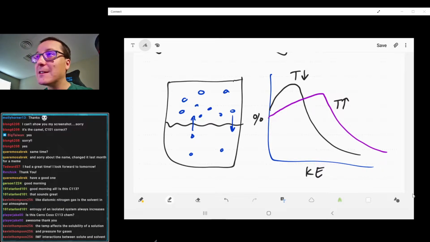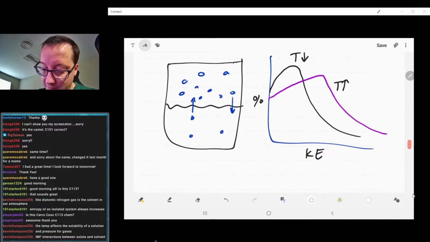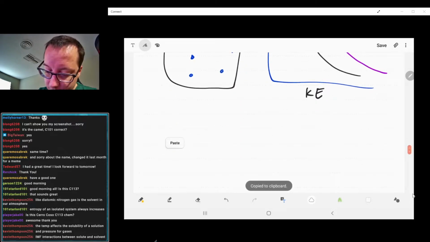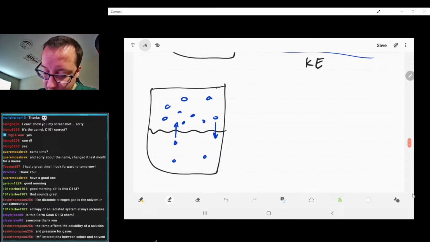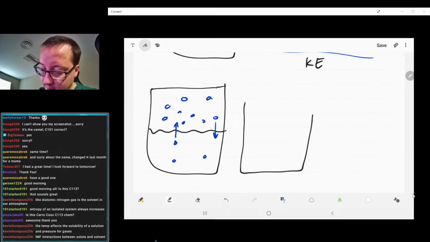But as Kevin has said, if we increase the pressure, I shouldn't have drawn those graphs. Oh well. Let's copy this. Alrighty, so that's our one pressure. I'm going to make this container smaller.